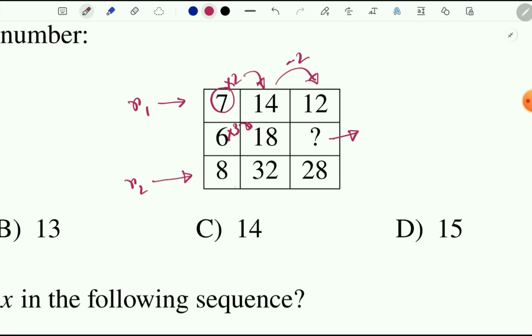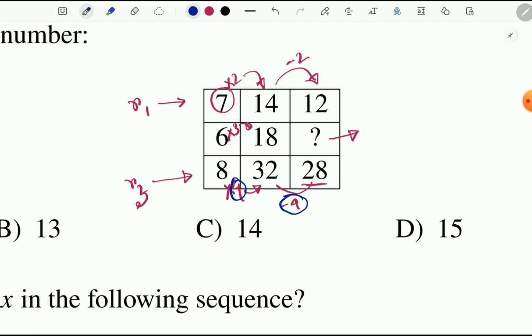And our last row, I mean row 3, so 8 multiply 4 gives us 32, and then it becomes 28, which is exactly the 4 subtraction from 32. Okay, so see, the multiplication and the subtraction value is the same.